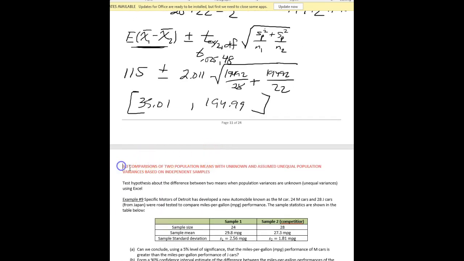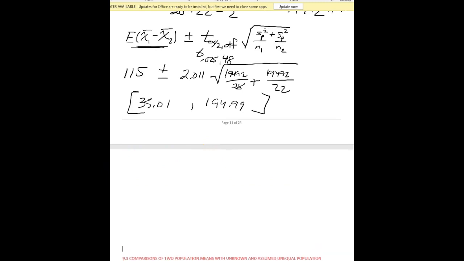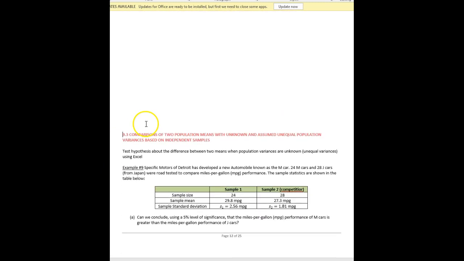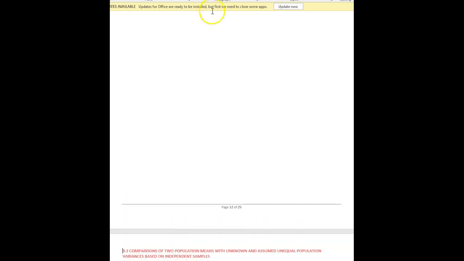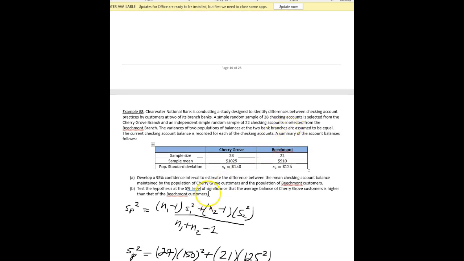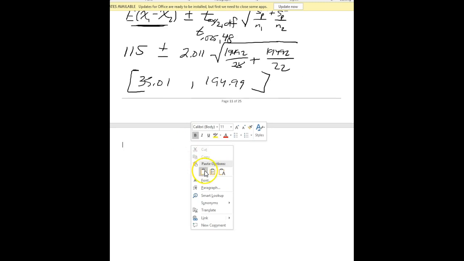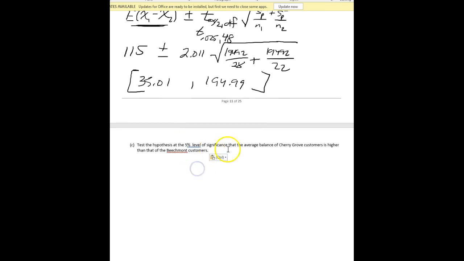Okay, and let me clear some space here. Then let's do the hypothesis test on this page. They want us to test the hypothesis at 5% that the average balance of Cherry Grove customers is higher than that of Beechmont customers.